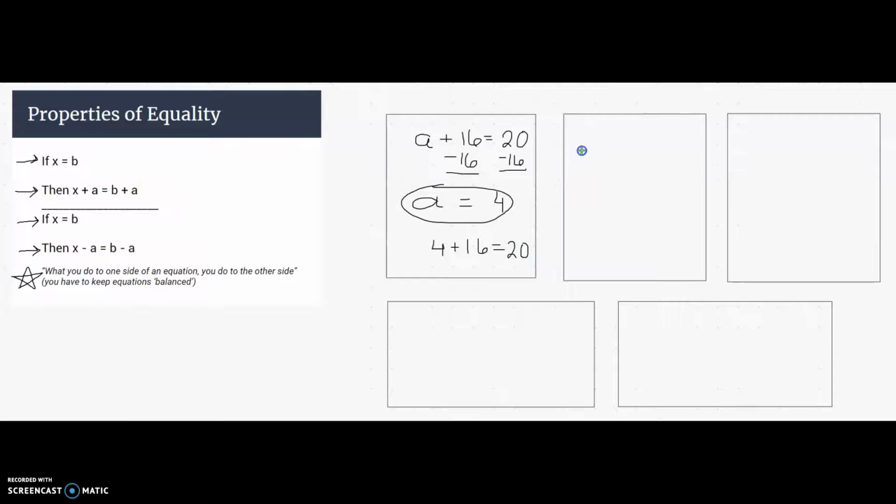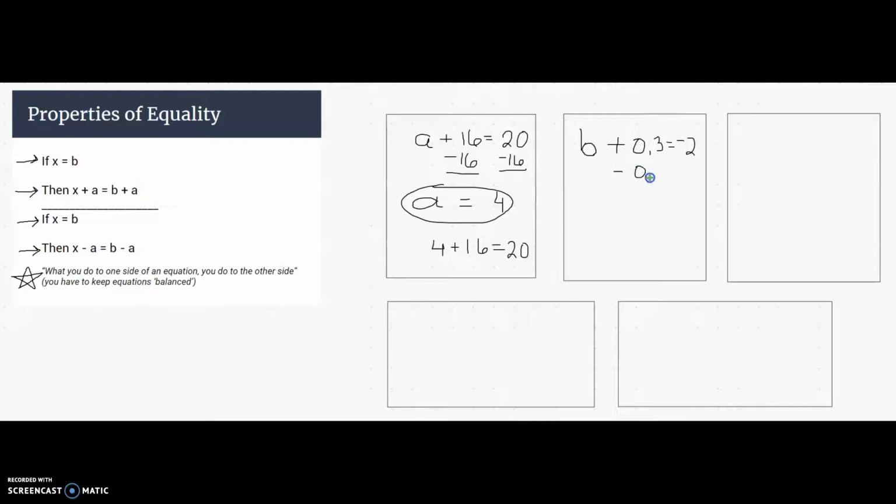Try again here. Let's try this equation. Variable b plus 0.3 is equal to negative 2. Alright, here I want to take away 0.3 from both sides because I see my variable b and we're adding 0.3.